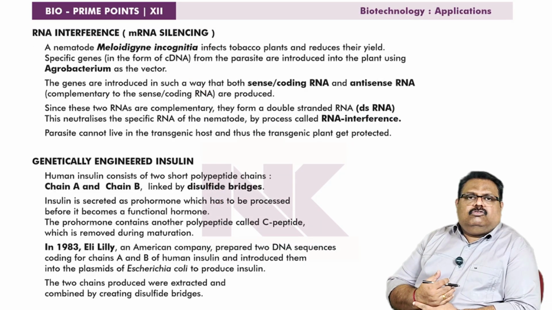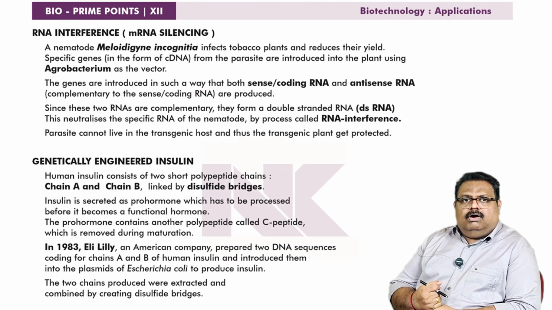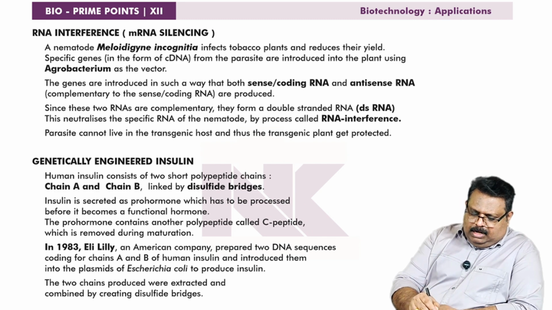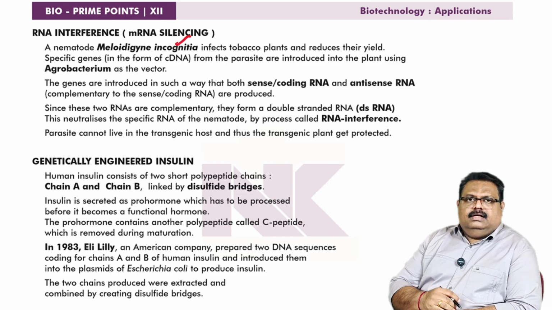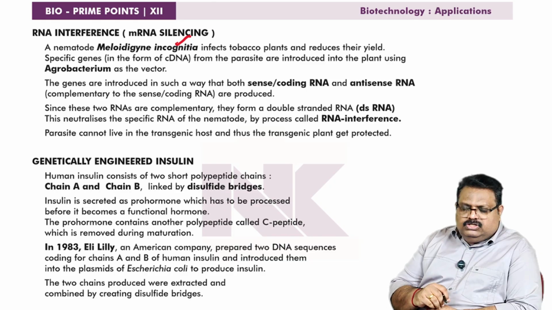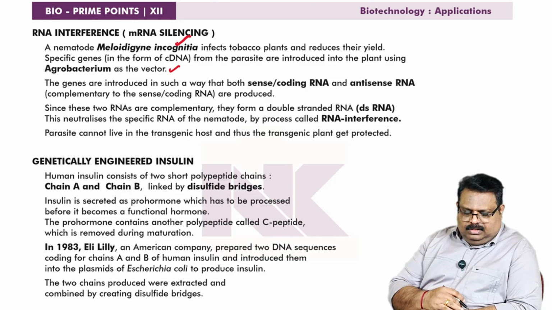Another aspect of biotechnology in the agriculture field is a phenomenon called RNA interference or mRNA silencing. A nematode called Meloidogyne incognita, a roundworm, infects tobacco plants and reduces their yield. The specific genes in the form of cDNA, meaning copy DNA, from the parasite are introduced into the plant using Agrobacterium as a vector.